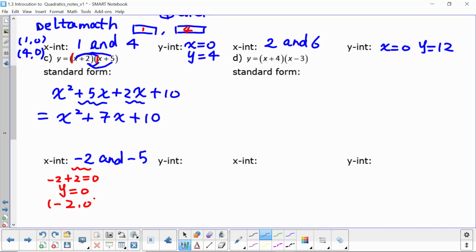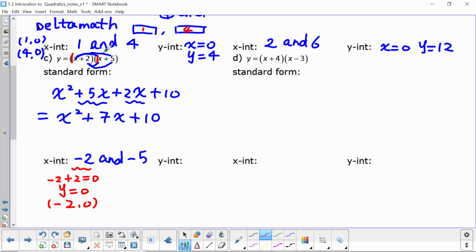That is the reason why the opposite number is your x-intercept, because you sub in negative 2, you will have y equals 0. So negative 2 comma 0 is one of the points on the graph, and this is your x-intercept. And the same thing for negative 5.